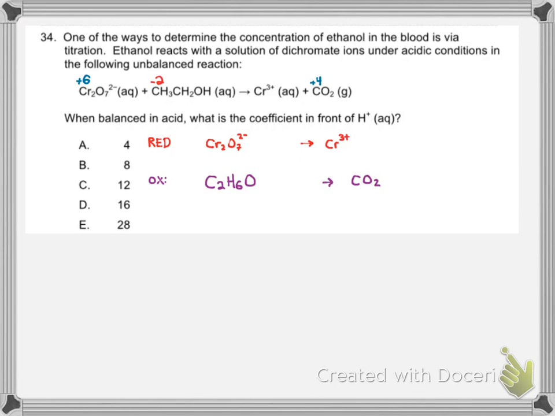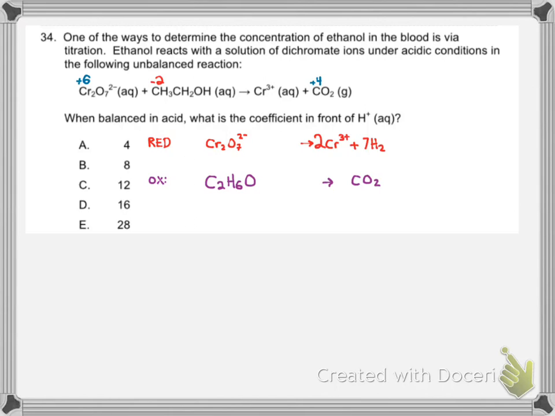Now that we have these split into half reactions, I'm just going to take them one half reaction at a time. The first thing you always balance is anything other than carbon and oxygen. So here we've got 2 chromiums on this side, but only 1 on this side. That won't do, so we're going to put a 2 here. And then the next thing we want to balance is oxygen. So there are an impressive 7 oxygens on this ion and no oxygens over here, which means we need to add 7 waters.